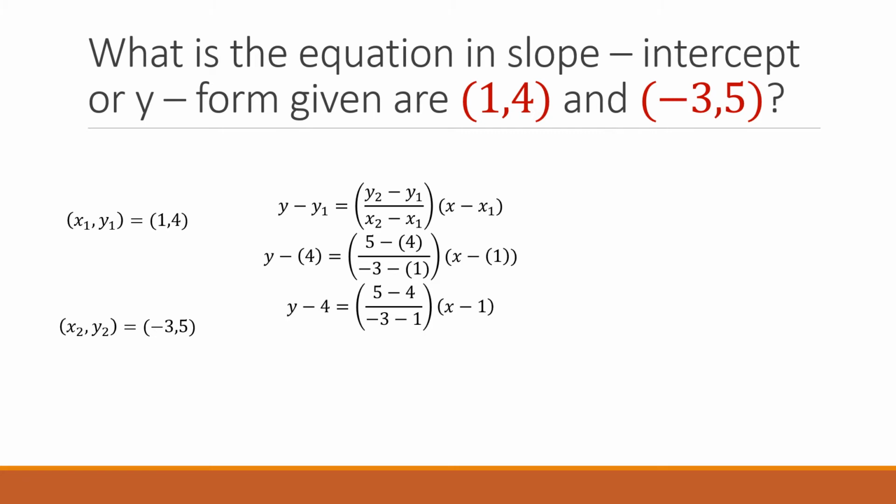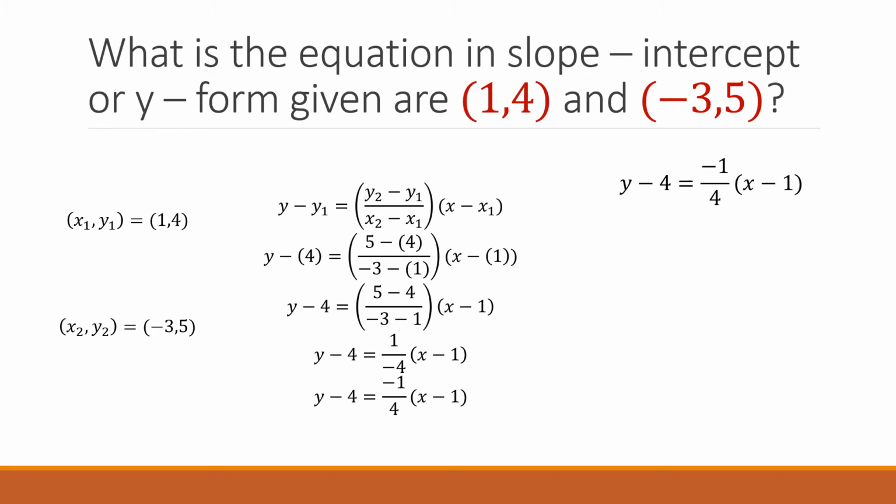Working on the signs, y minus 4 is equal to 5 minus 4 all over negative 3 minus 1 times x minus 1. Solving that, you have y minus 4 is equal to 1 over negative 4 times x minus 1. I put the negative sign in the numerator, so y minus 4 is equal to negative 1 over 4 times x minus 1.